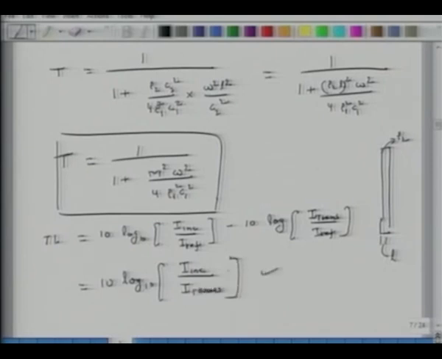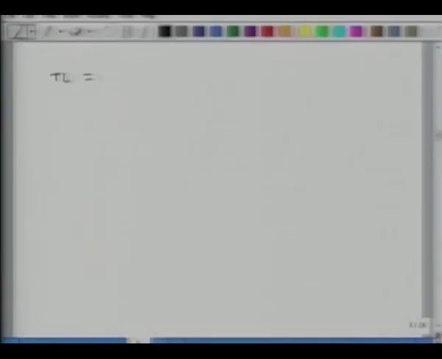So this is basically the inverse of T. So my transmission loss is basically 10 log 10 of 1 plus (M omega over 2 rho 1 C1) squared.